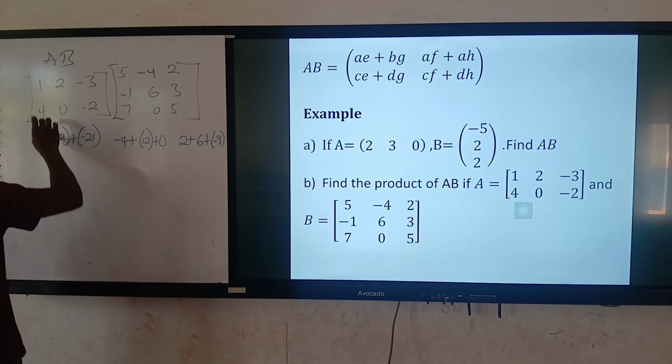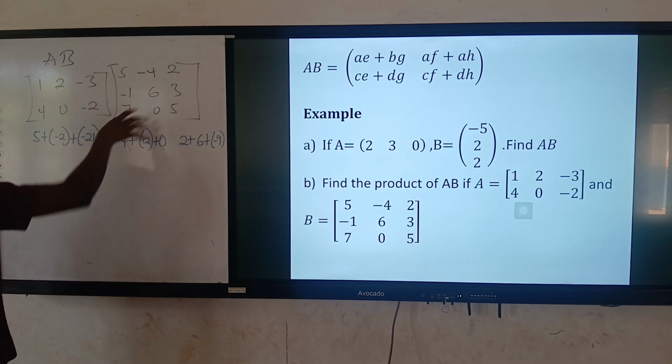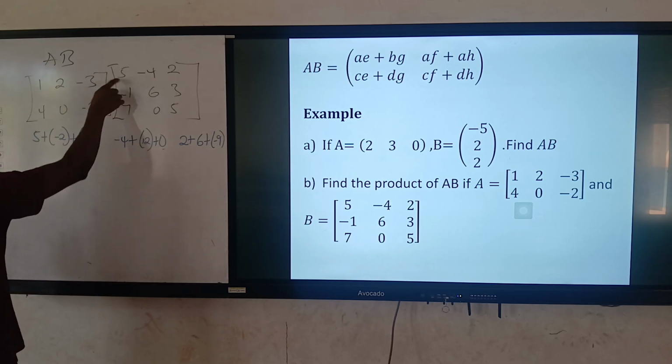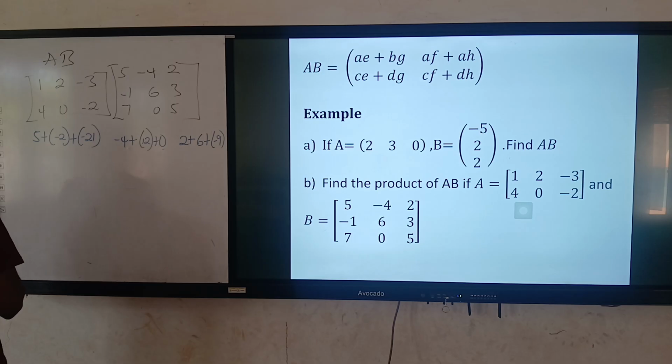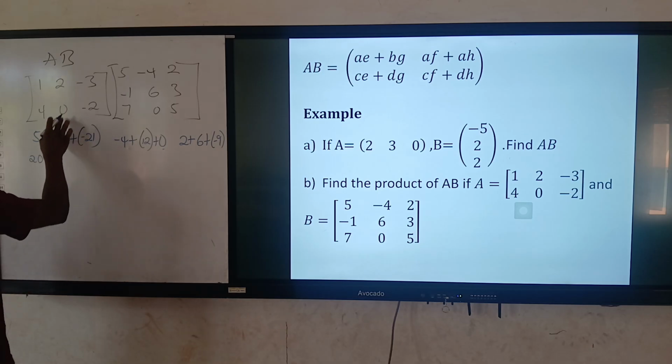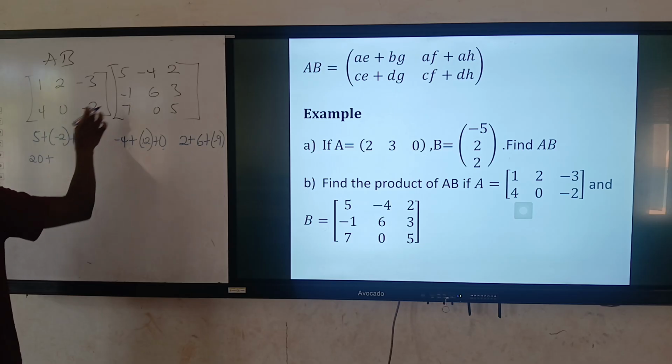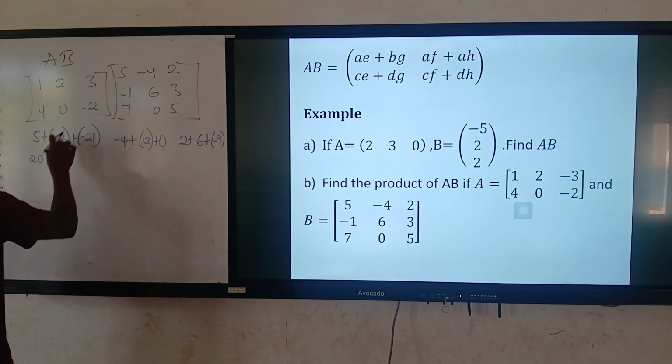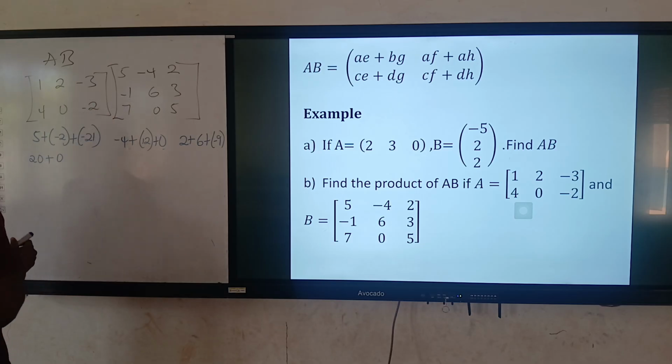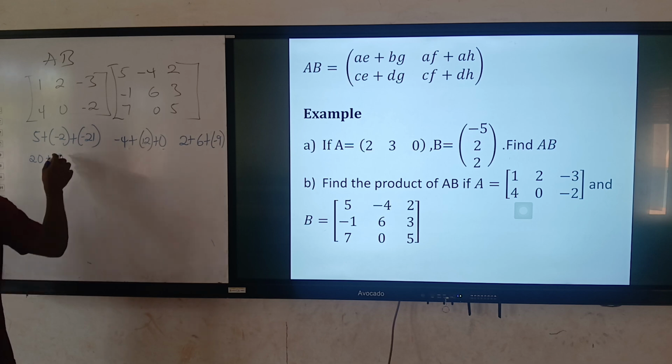Then you take the second row and multiply by the first column. So 4 times 5 gives us 20, plus 0 times negative 1 gives 0, negative 2 times 7 gives negative 14.